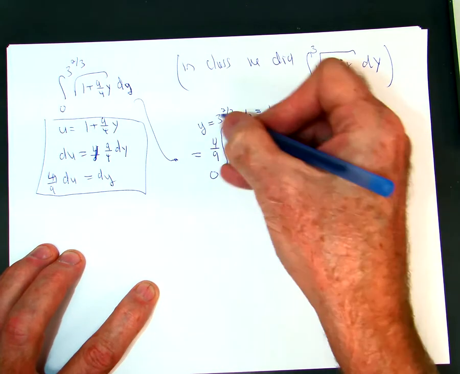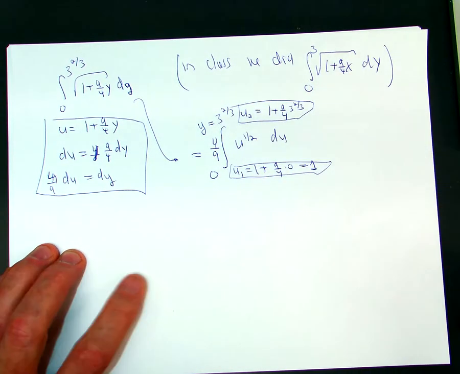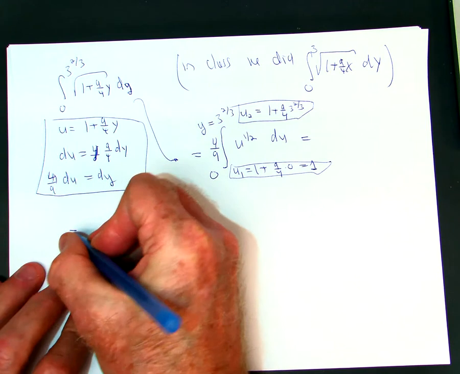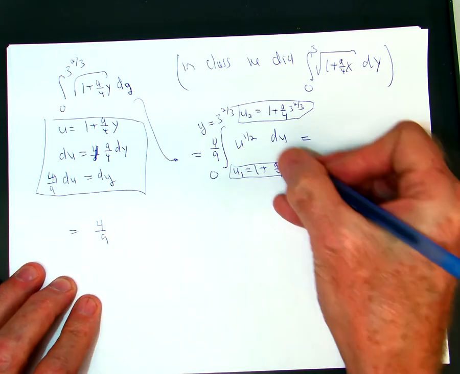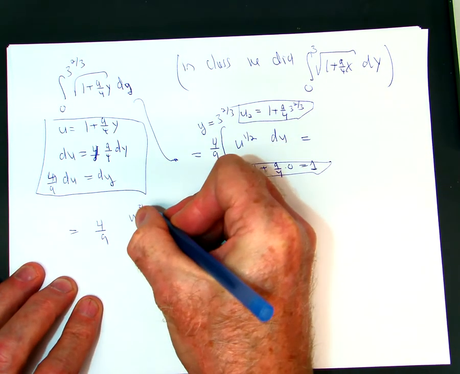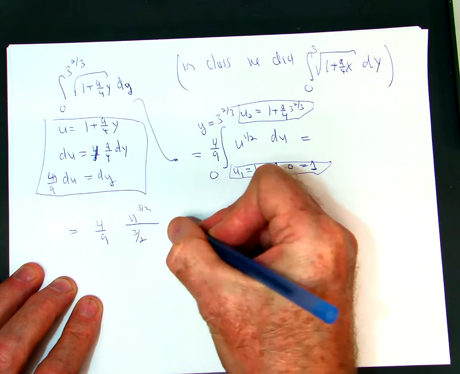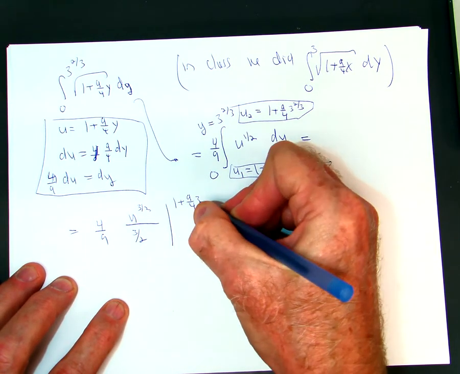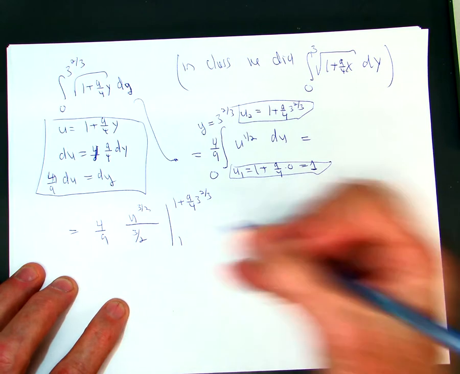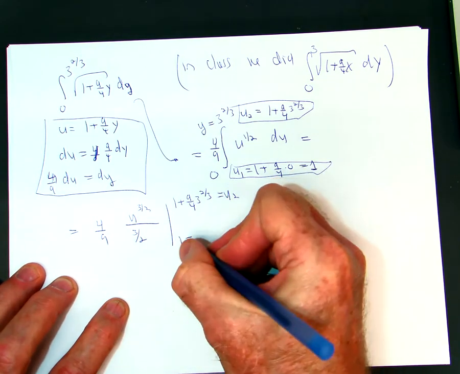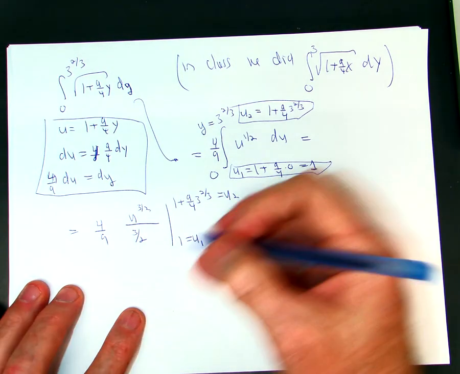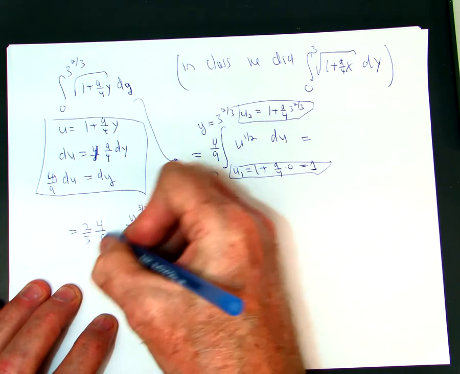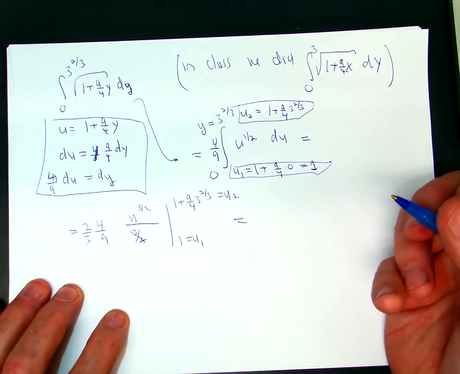So I'm going to integrate with respect to that. I did something like that in class today. So I integrate this, and I get 4/9 u to the 3/2 over 3/2, from u1 to u2. Okay, well, clean that up, 4/9 over 3/2 is 8/27.